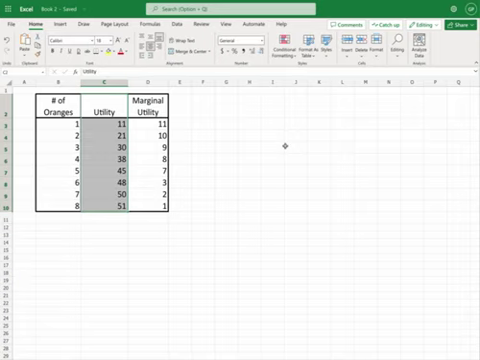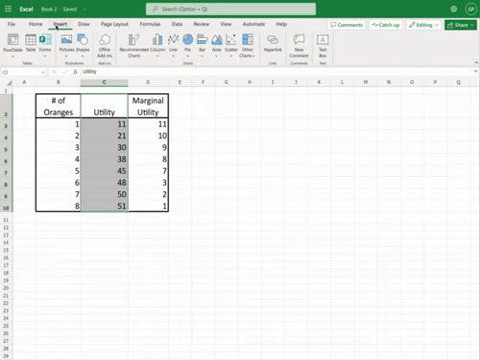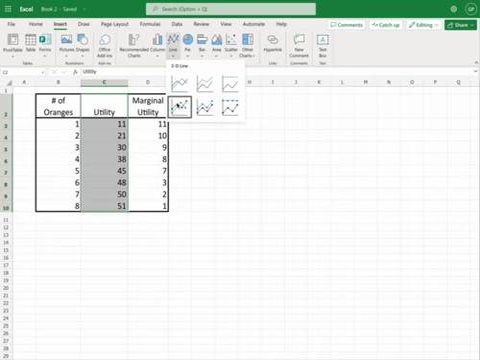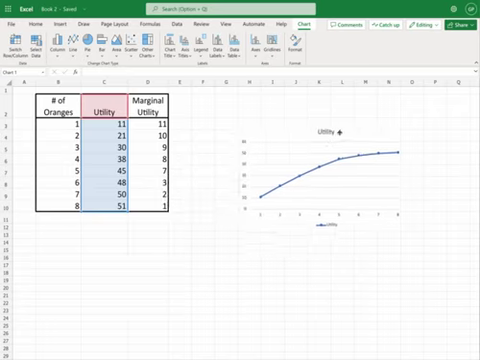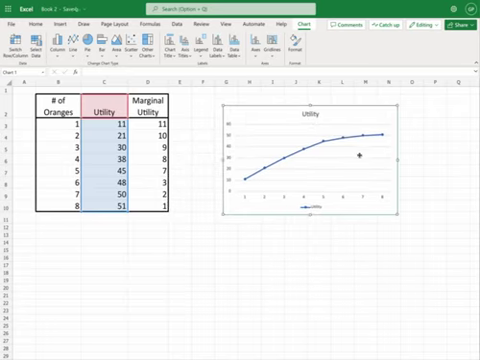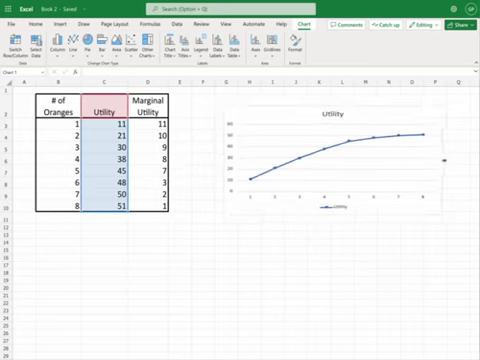To me, you get a better product and it's probably more effective, but you'll probably be quicker doing it this way. All right, so I highlight utility. I want to insert a line graph, line with markers, and there we go. Excel gave us the graph we were looking for.